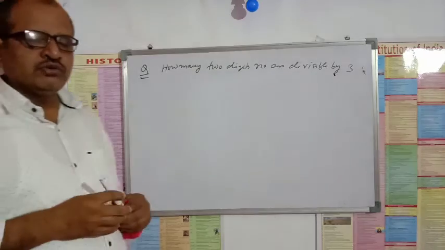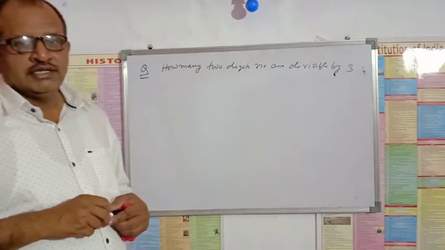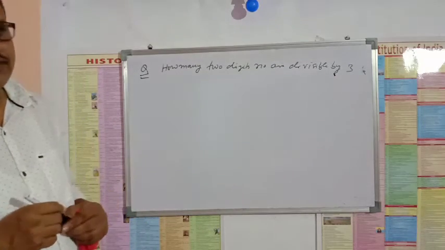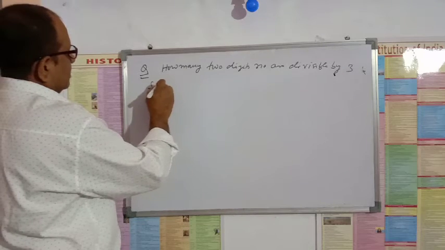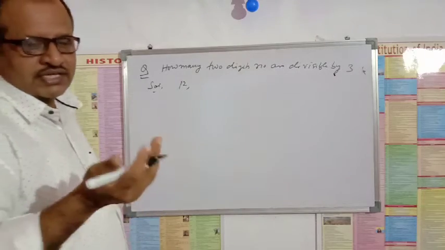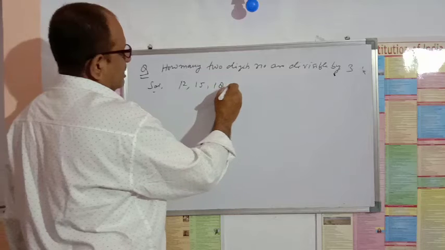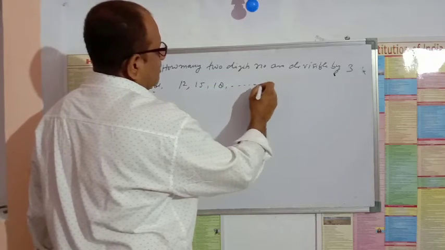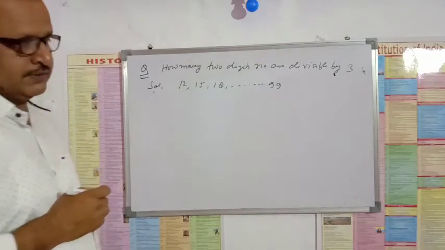We know that two digit numbers start from 10, but 10 is not divisible by 3. So what is the first two digit number divisible by 3? It is 12. What is the next number divisible by 3? 15, 18, like this. At last we will get 99. 99 is also divisible by 3.